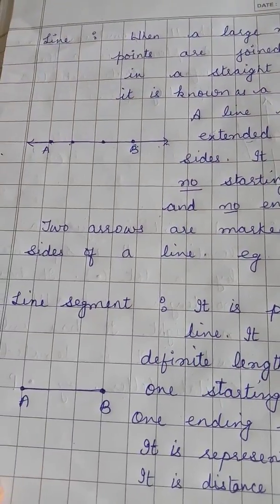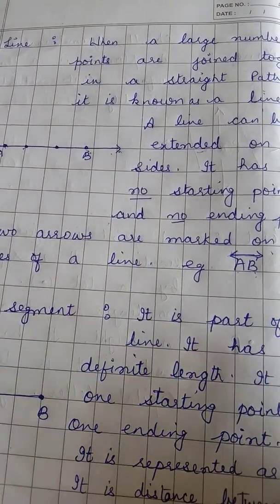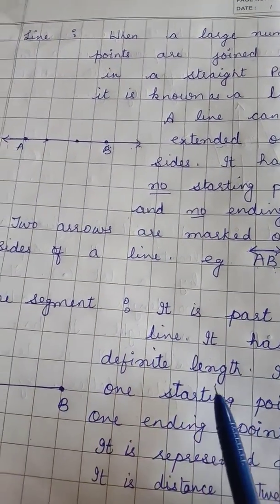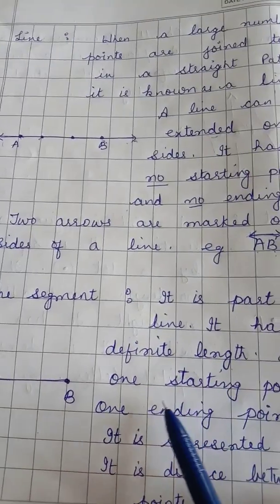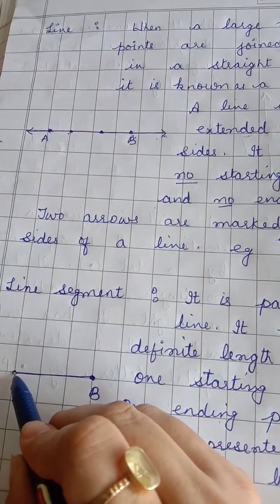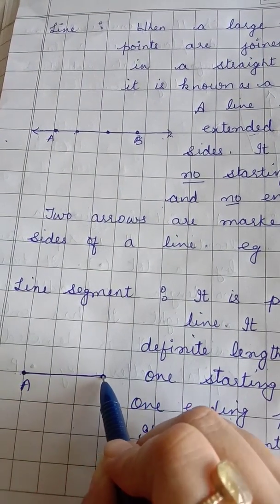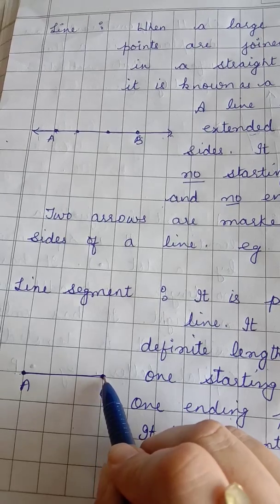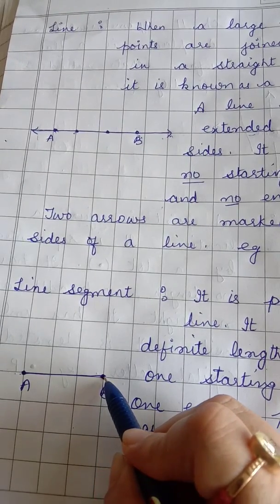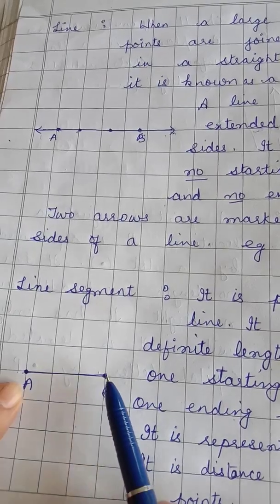Next is line segment. As the name shows, it is a segment, meaning it is a part of a line. It has definite length. It has one starting point, one ending point. Suppose this is the starting point A, and I have drawn this line segment up to B. This is the ending point of the line segment. AB is a line segment. It has definite length.